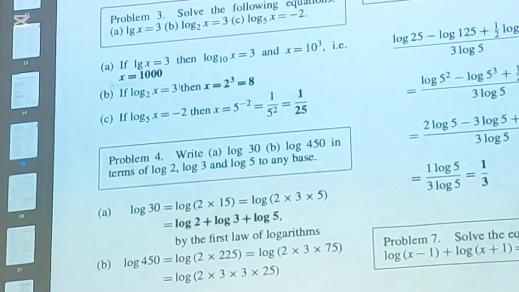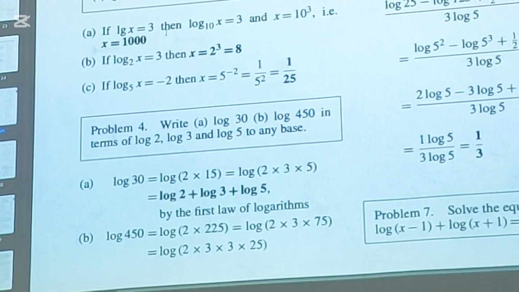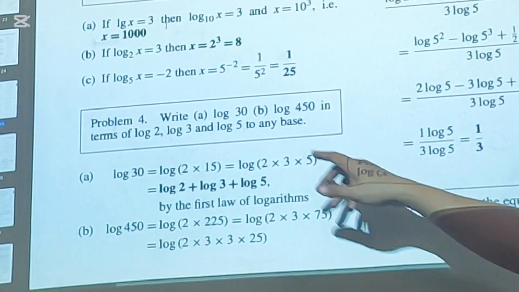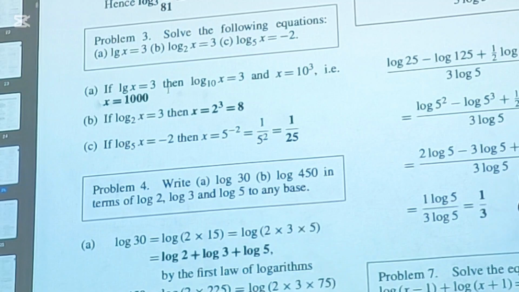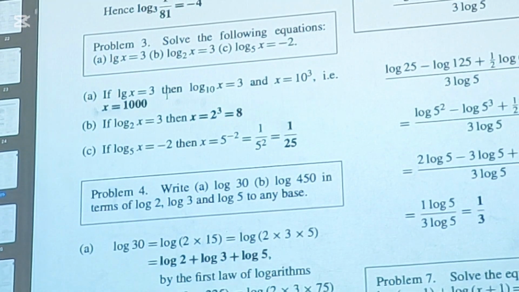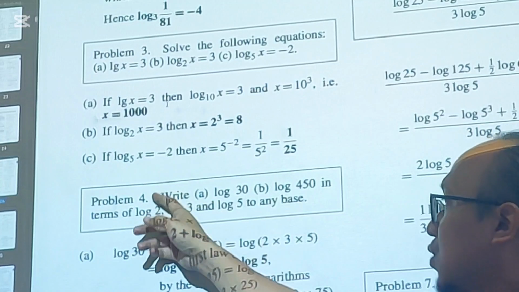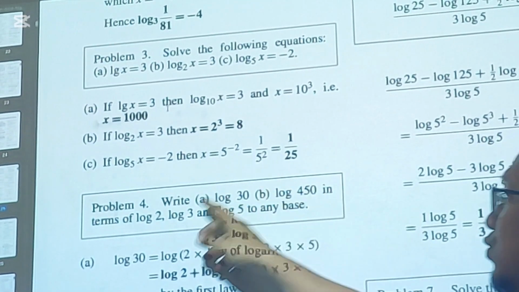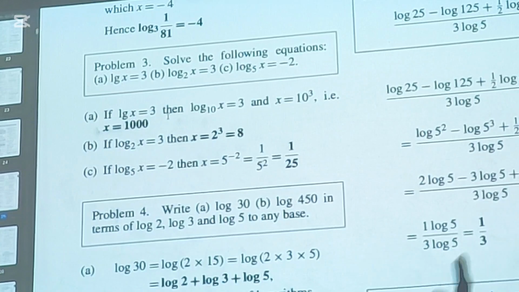Problem 4. The numbers of the logarithms are big: 30, 40, 450. So please solve these problems using 2, 3 or 5.